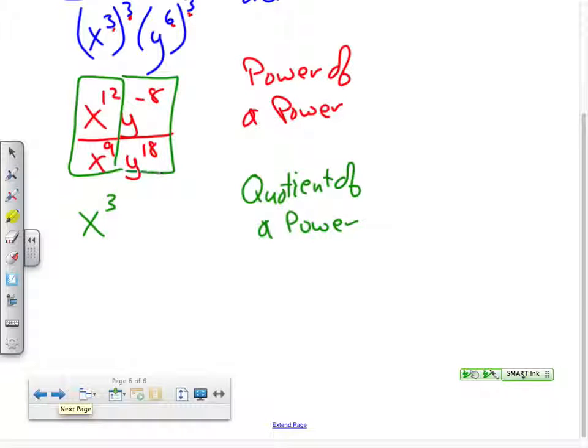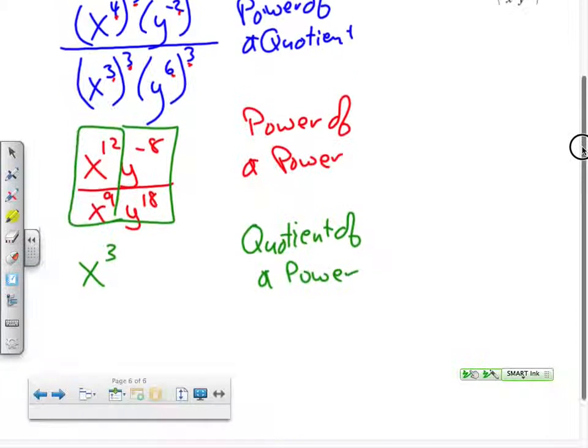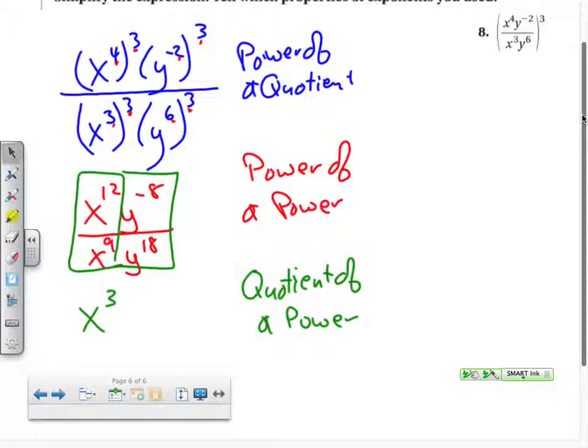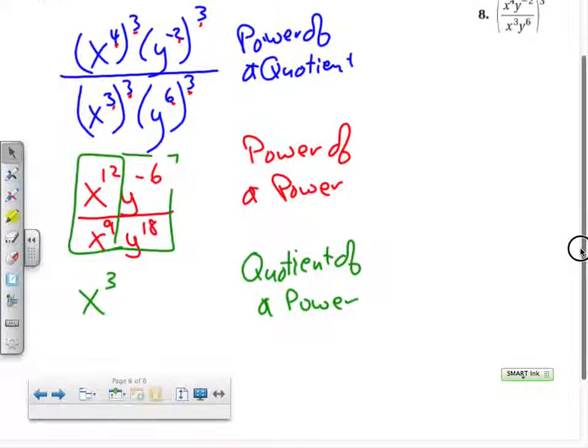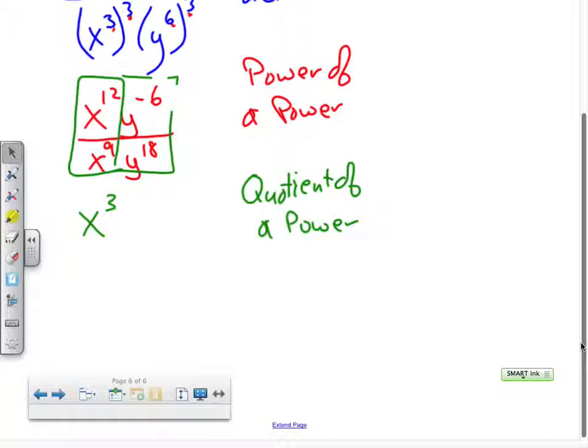Take these two together and subtract. This should be negative 6. Sorry about that. If you were wondering why that wasn't negative 6, it should have been. But anyway, we'll subtract here. Negative 6 minus 18 is negative 24.